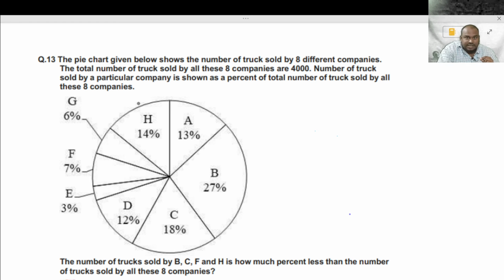There are 8 different companies: A, B, C, D, E, F, G, H. The total number of trucks sold by all these 8 companies is, sorry, 4,000.